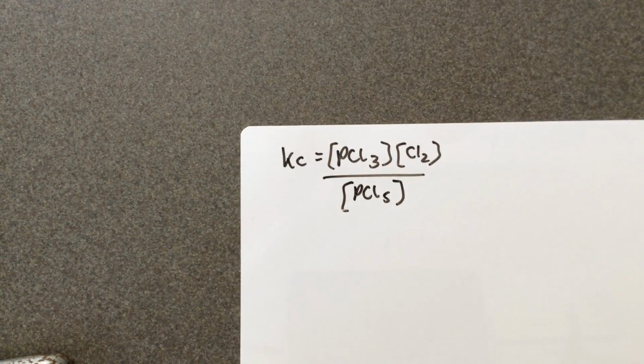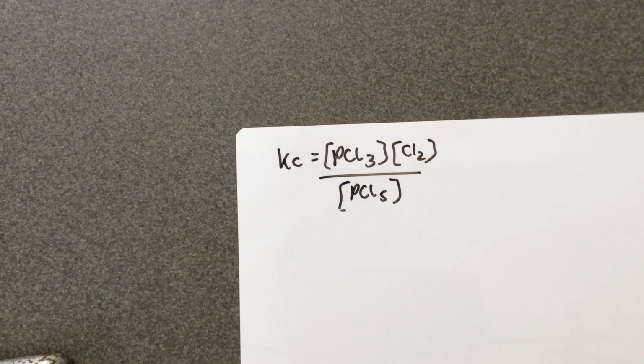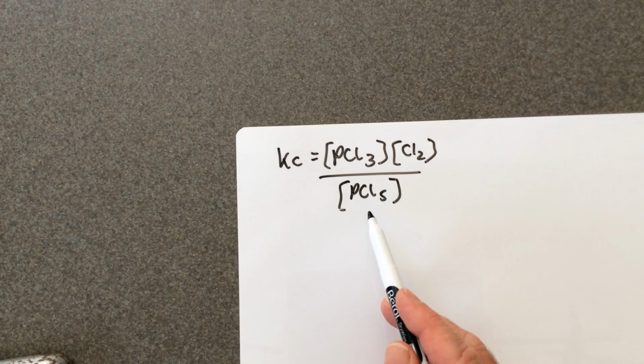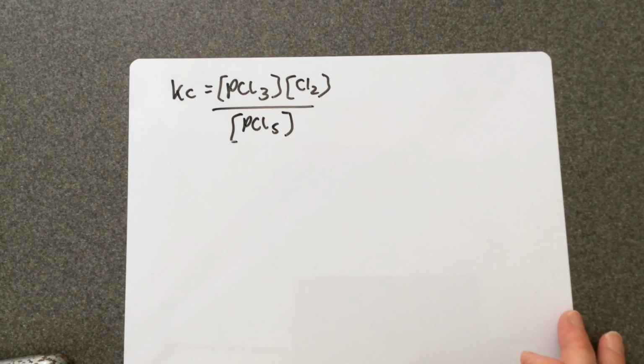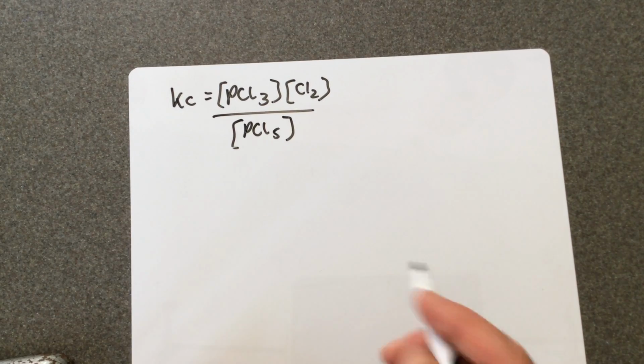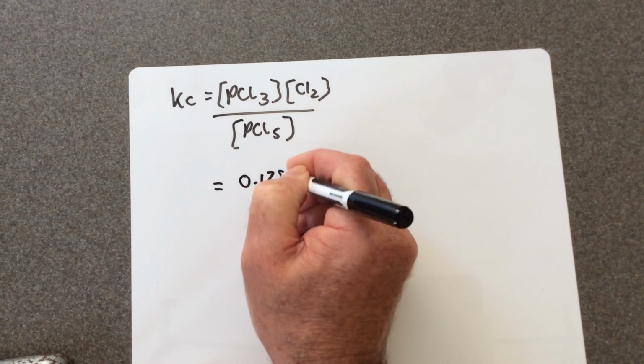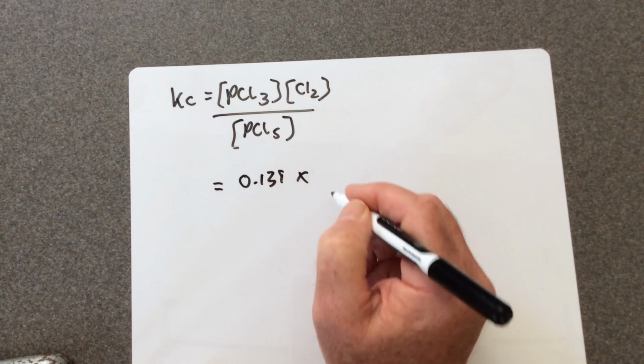In the last question, we had some phosphorus pentachloride in equilibrium with chlorine and phosphorus trichloride. These are my products, the chlorine and phosphorus trichloride. My phosphorus pentachloride is my reactant. So here's my Kc expression. When I come to do the calculation for this one, I can see that the phosphorus trichloride is 0.139 moles per decimetre cubed.